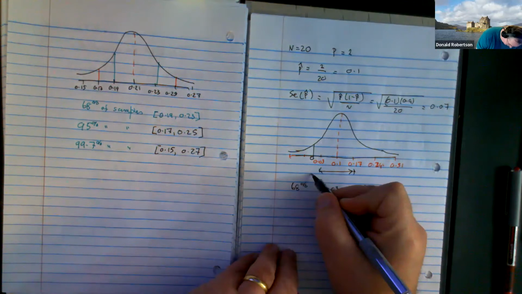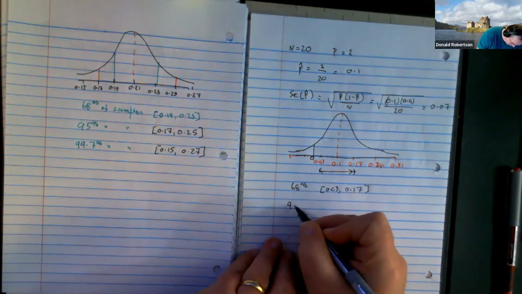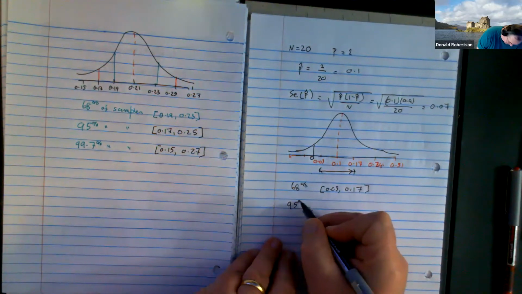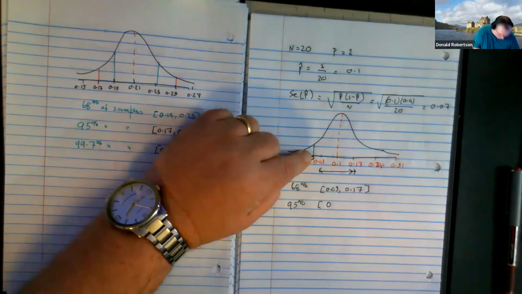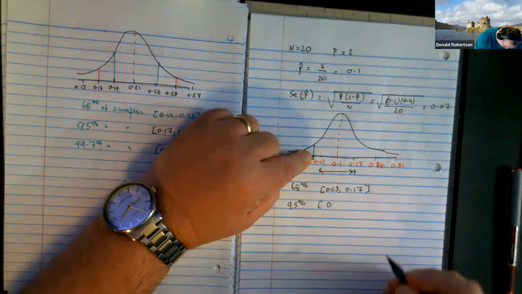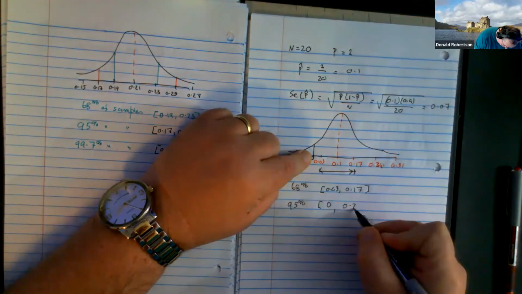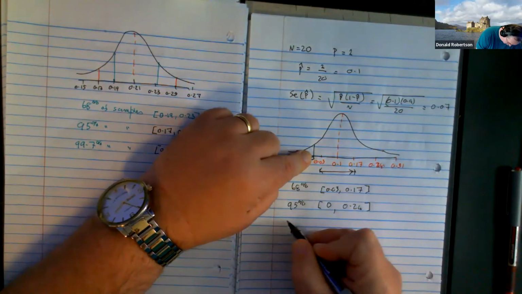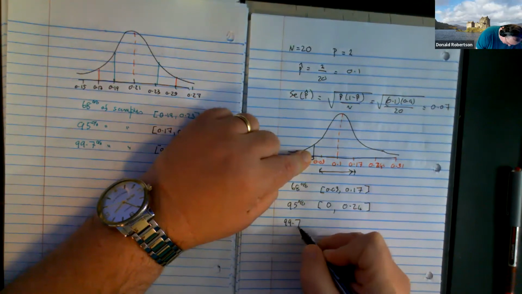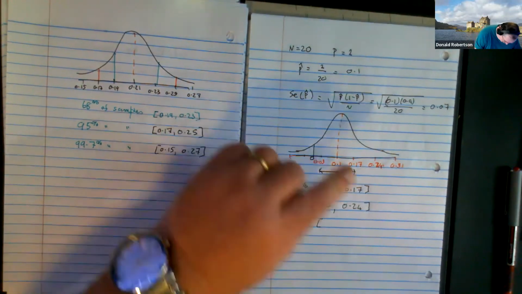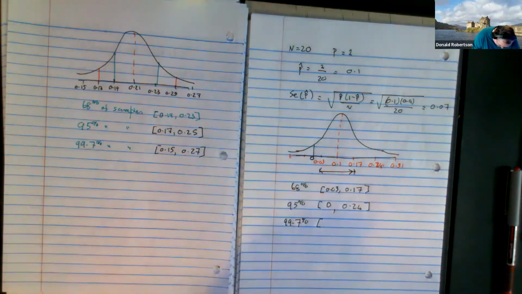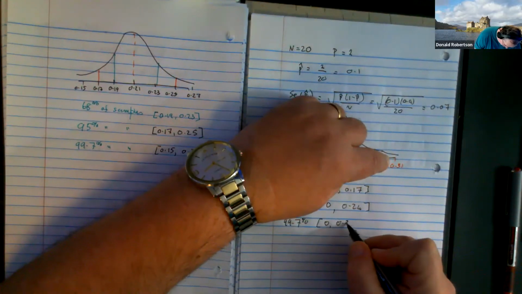If I move to the next one, which is what am I 95% sure, would we agree we just have to stop at 0, for common sense purposes? But it could be as high as 24. And if I go to the 99.7, which is essentially, I'm virtually certain what the right answer is going to be, somewhere from 0 to 31%.